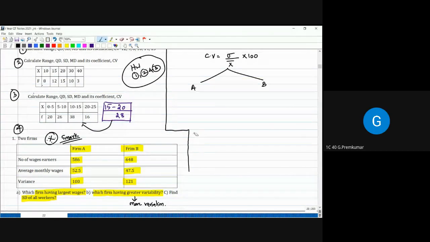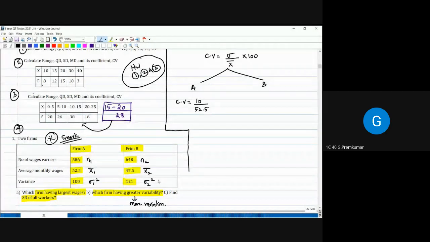புரியுது சார். So for firm A, what is CV? x bar is given here. This is your n1, this is your n2, this is your x1 bar, this is your x2 bar. This is your sigma 1 square, this is your sigma 2 square.